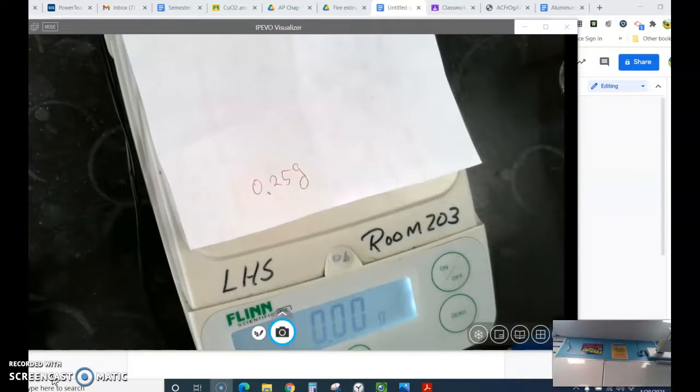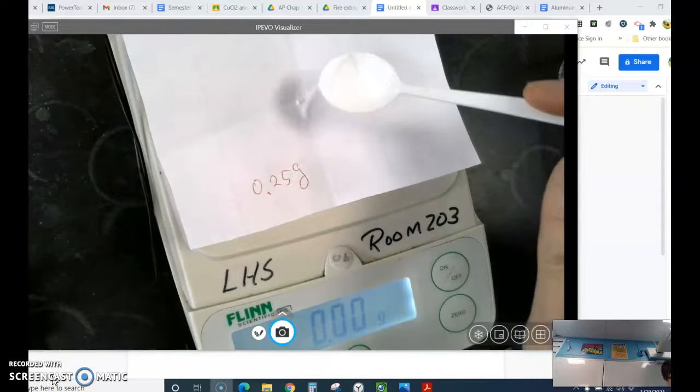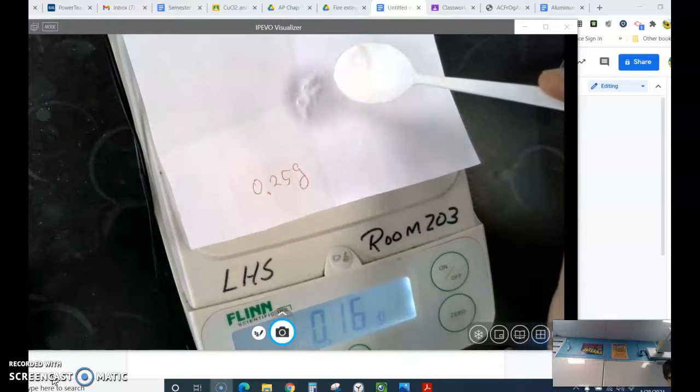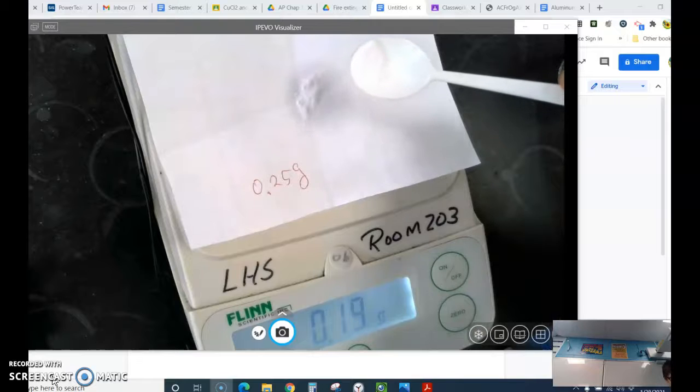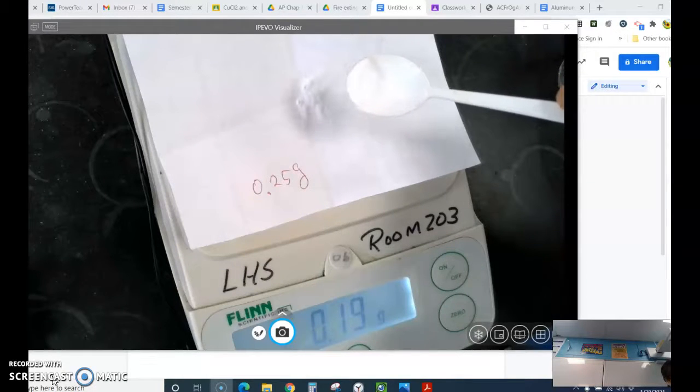Then I start to weigh 0.25. Remember, this is a very small amount, so you have to be very careful. Start to add. Watch the change the digital weighing window shows. Very close.